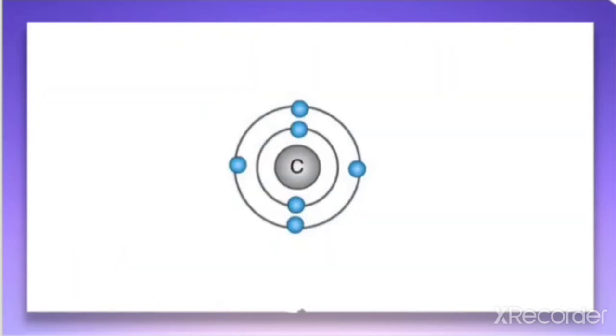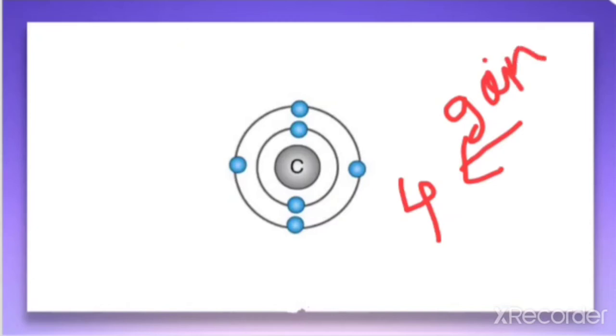Let us take an example, carbon. In carbon, total 6 electrons are there, 2 electrons in the first shell and 4 electrons in the outermost shell. So here the valence electron is 4. So the question arises whether it gains 4 electrons, because in order to get 8, does it gain or does it lose?